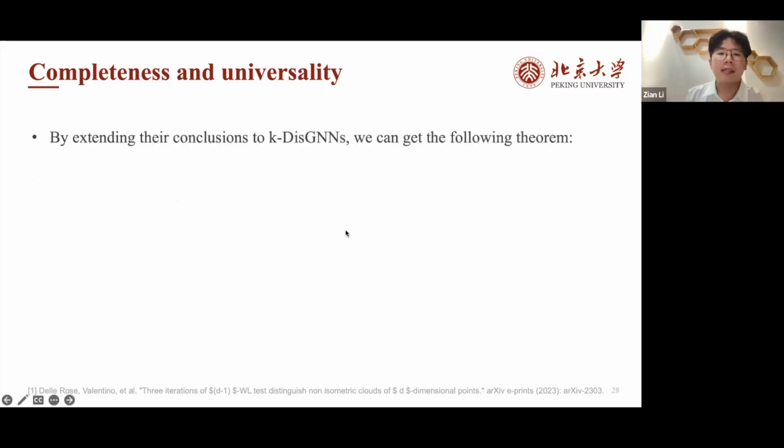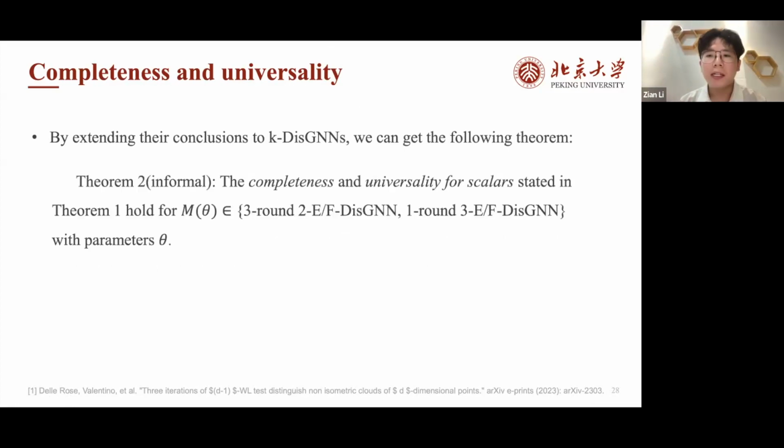We can extend their conclusions to k-DisGNN and get the following theorem: the completeness and universality for scalars stated in Theorem 1 also hold for these models, including 3-round 2E or 2F DisGNN and 1-round 3E and 3F DisGNN.